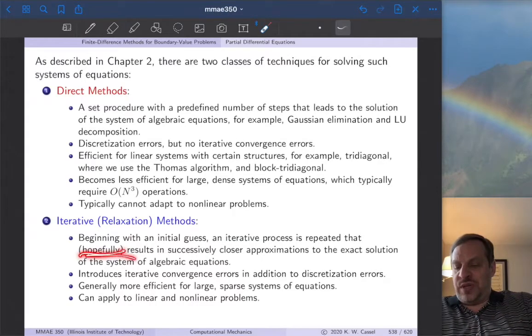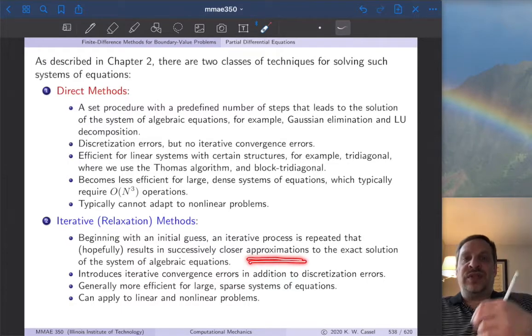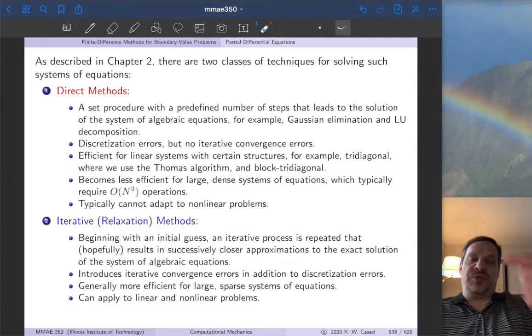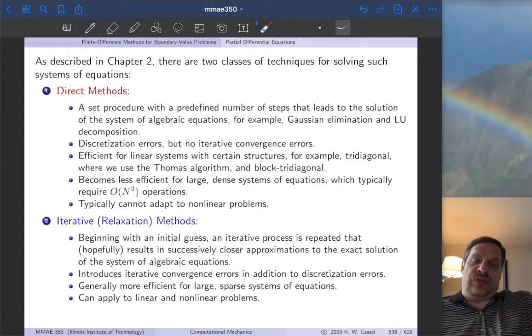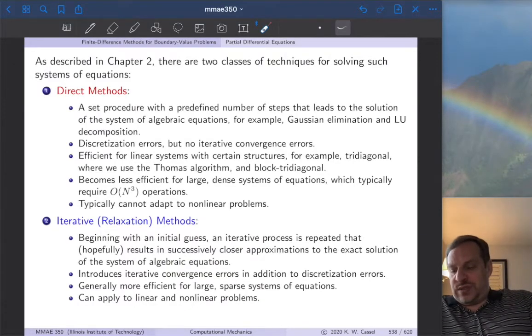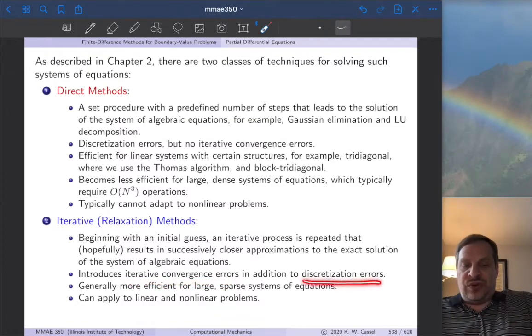And hopefully that gives you successively better approximations every time you iterate. Each iteration produces an approximation, and hopefully each of those approximations is getting closer and closer to the exact solution. And that's the iterative convergence process. So this does introduce iterative convergence errors in addition to our discretization errors. So now we have both sources of error.